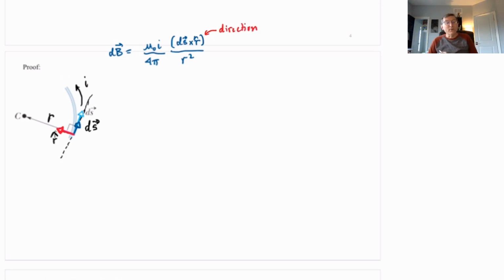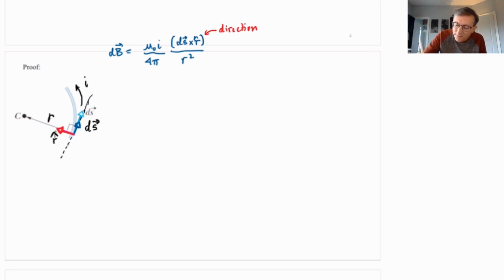So we just do the right-hand rule. ds and r hat are in the plane of the screen, so dB must be perpendicular to the plane of the screen. That gives me two possibilities, perpendicular and upward or perpendicular and downward. I do the two-pen method with the blue pen for ds and the red pen for r hat, and I push ds on top of r hat, and my thumb points towards me.